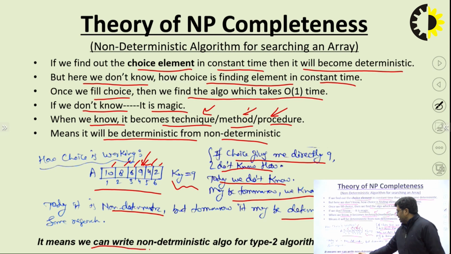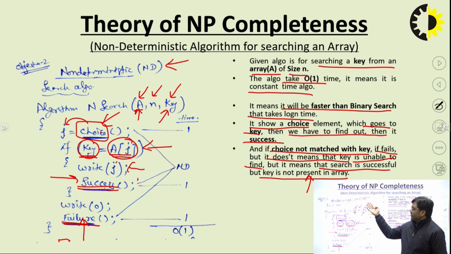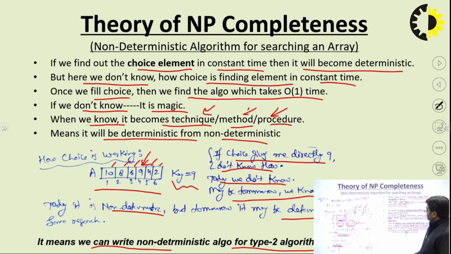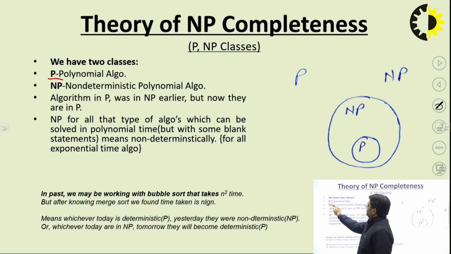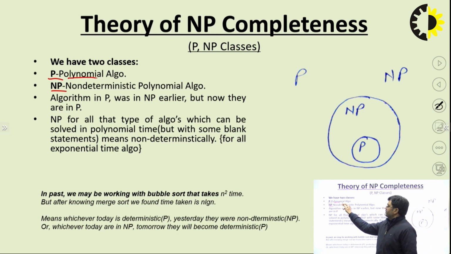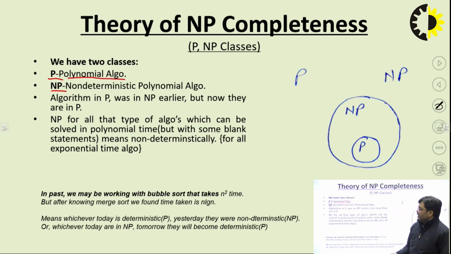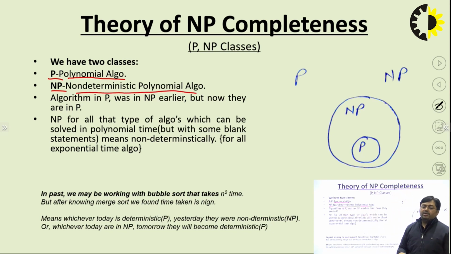It means we can write non-deterministic algorithms for type 2 algorithms too. If we have a non-deterministic algorithm for searching an element in an array, then we can write non-deterministic algorithms for type 2 algorithms also, which can be solved in polynomial time. It means we have two classes, one is P, the second is NP. P class means the algorithms which can be solved in polynomial time. NP means those which can be solved in polynomial time but non-deterministically.